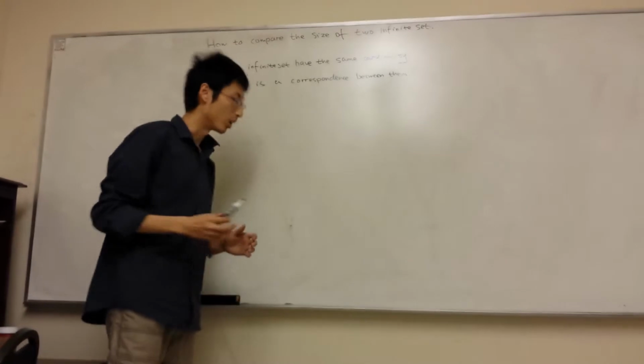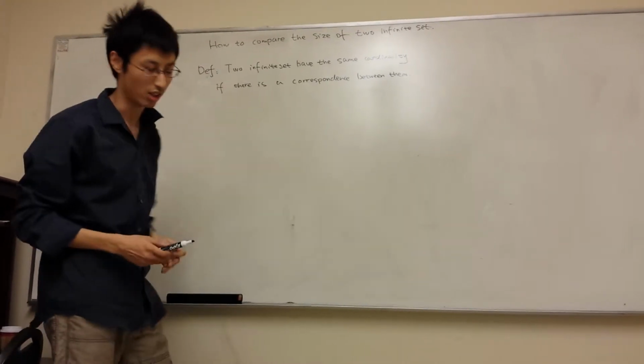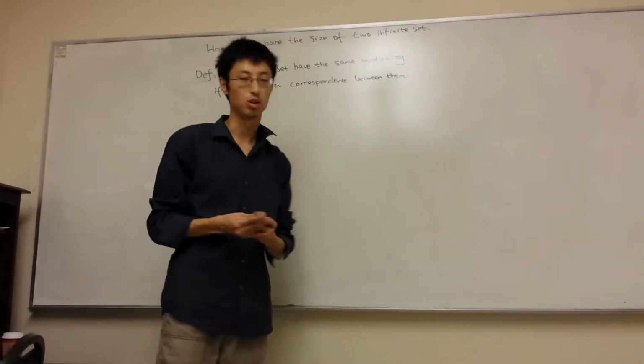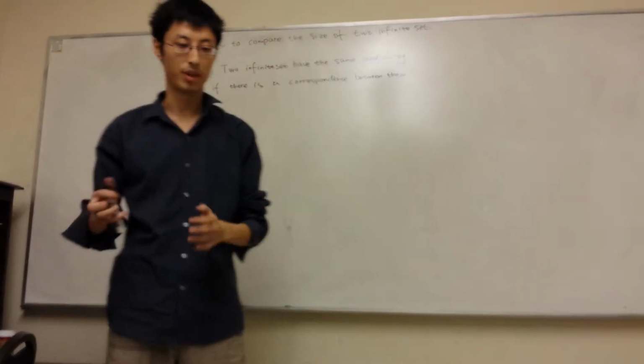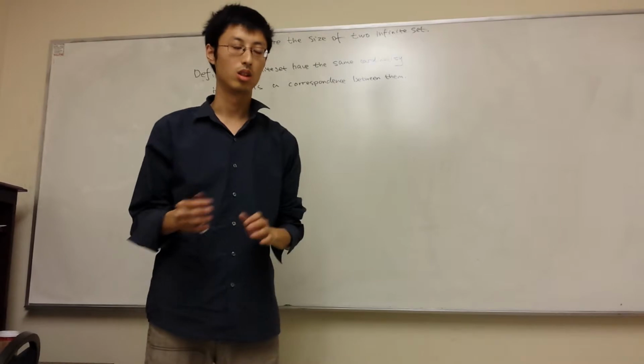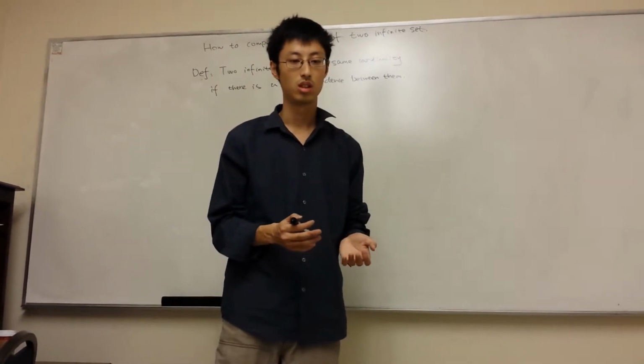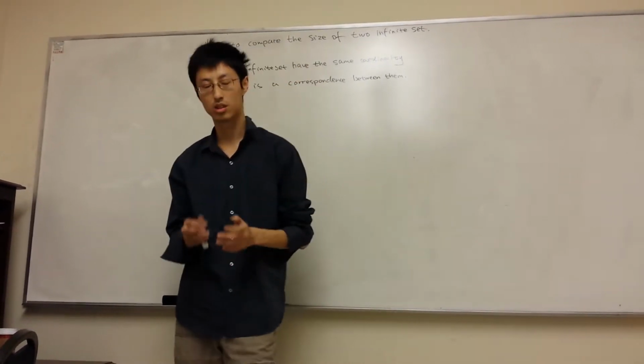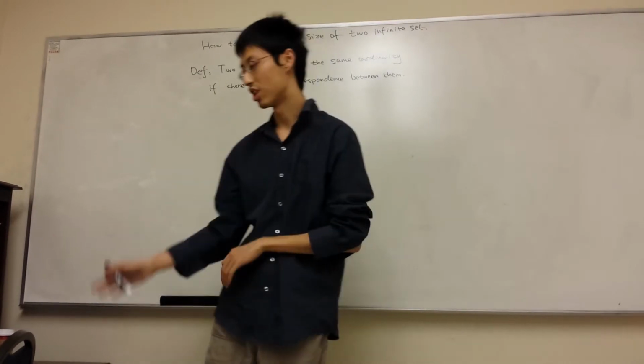First, I want to say this definition makes sense. Assume there is a room with many chairs and many people. We want to compare the number of people and the number of chairs.